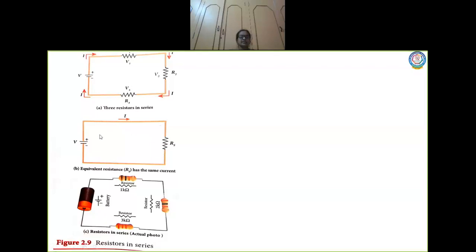All these resistors are combined to form a single resistance, which is called RS. RS is nothing but the effective resistance when resistors are connected in series. So all these three are combined together to form a single resistance whose effective value we are going to calculate. So this is the second diagram.